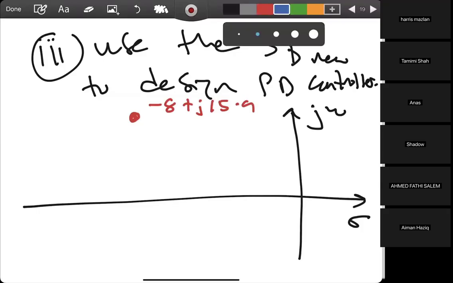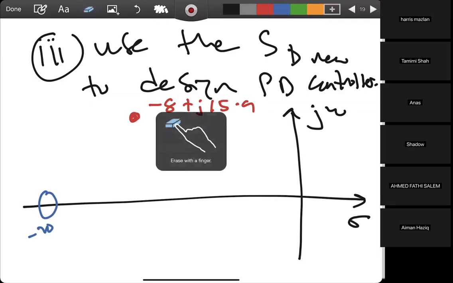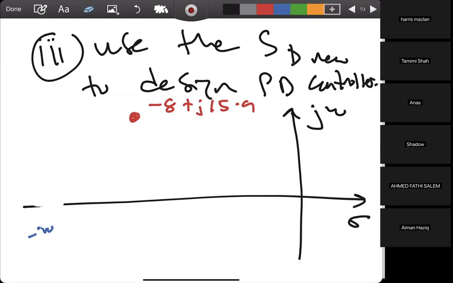Then what is the minus 2? 3 poles: -2, -5, -20. Minus 20, minus 5, minus 2. Okay.